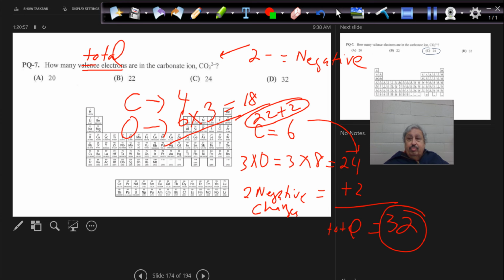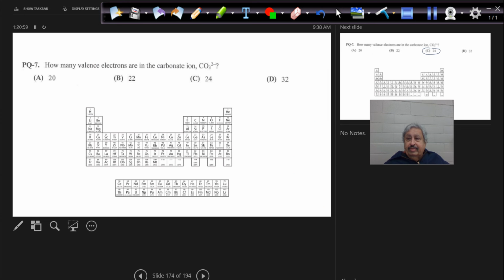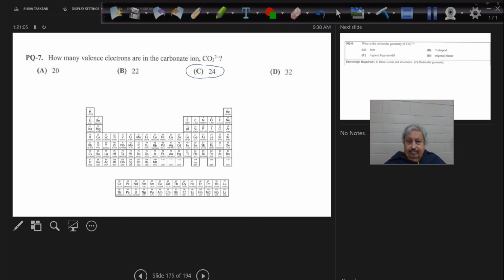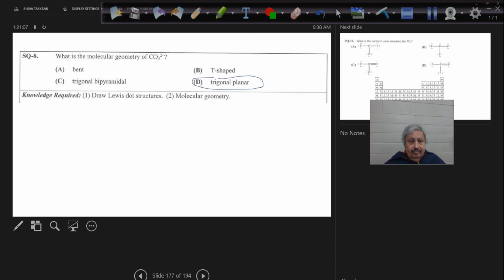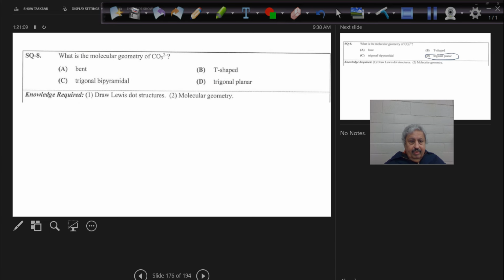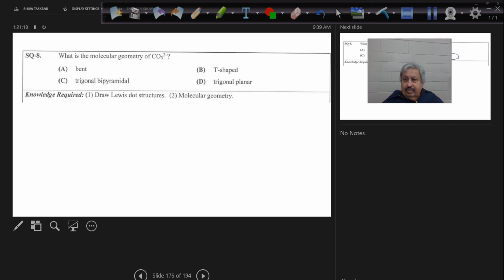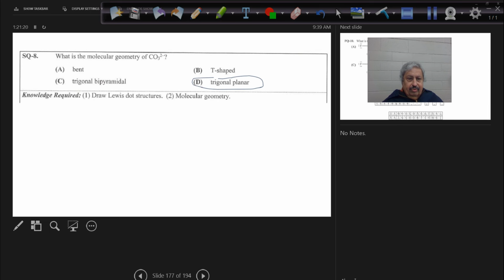Maybe one more, and then that's it, because I want to catch up with the class. One more. What will be the molecular shape of carbonate? You saw that, correct? Let me take another one.